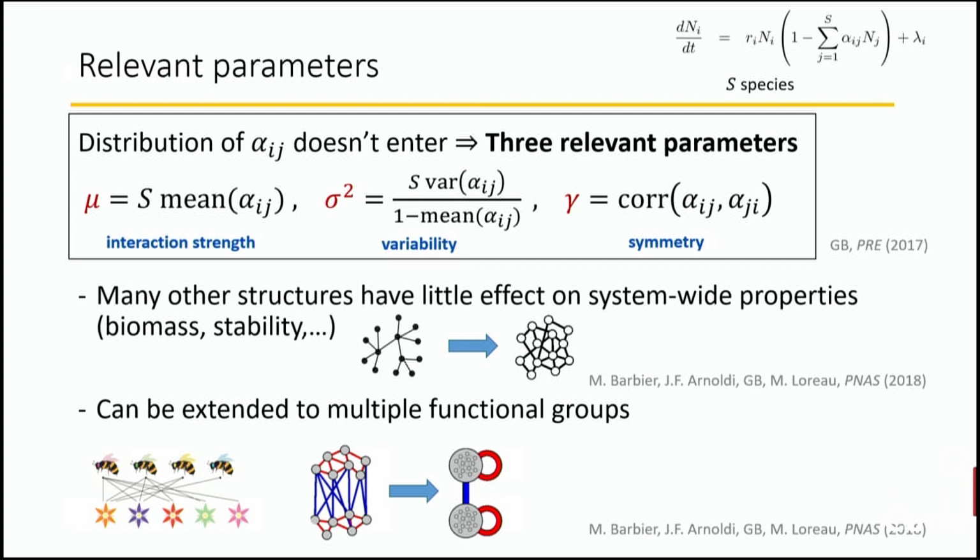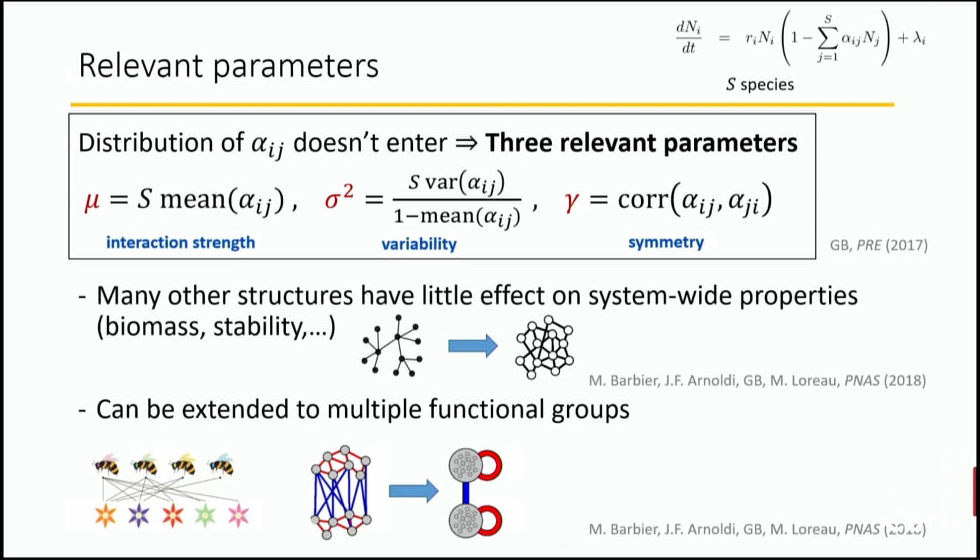So one thing that my collaborators in Michel Laurent's group, Mathieu Barbier and Jean-François Arnoldi, have done is take many different options for how to sample these alpha ij's from the literature: common things, small world networks, resource competition, all kinds of things, and they've tested all kinds of effects, and most different options for sampling things don't change things very much.